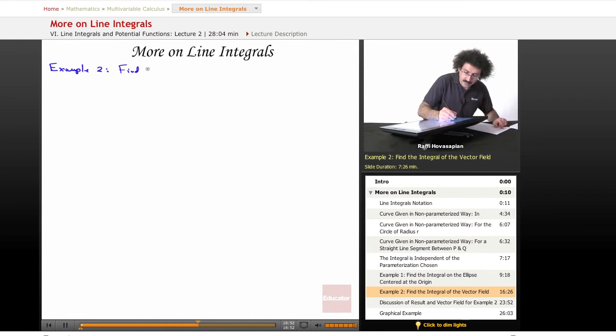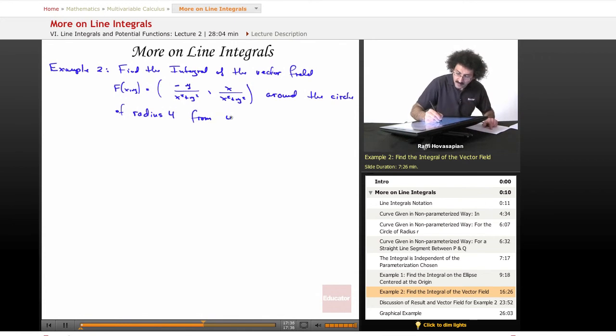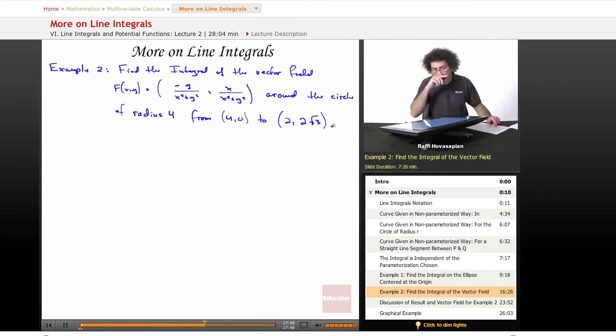Find the integral of the vector field f of x, y is equal to minus y over x squared plus y squared, x over x squared plus y squared, around the circle of radius 4 from 4, 0 to the point 2, 2 radical 3.